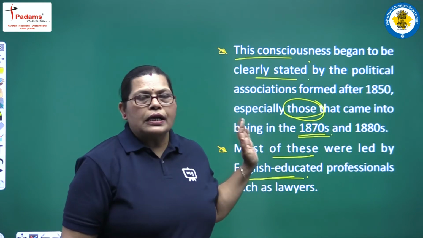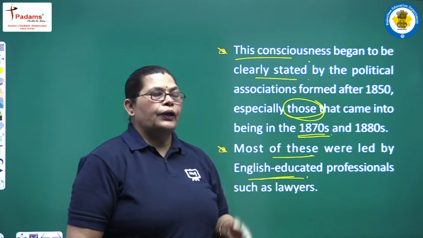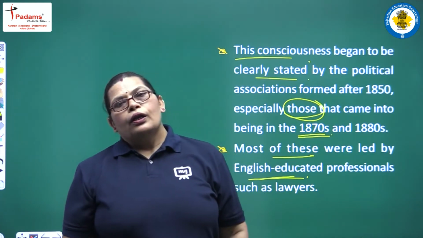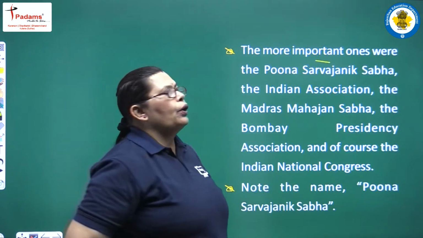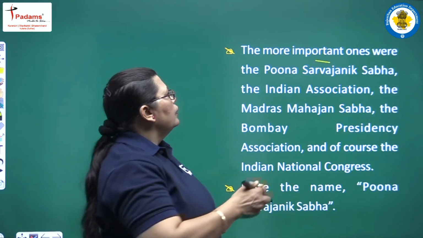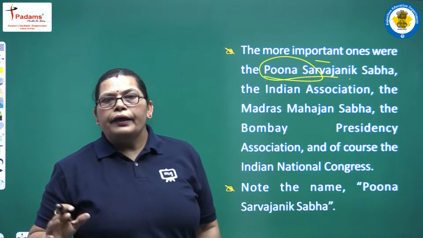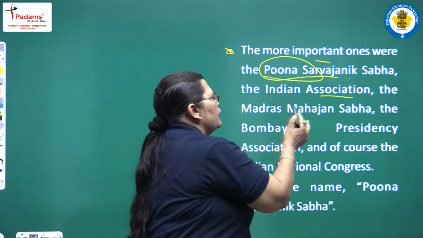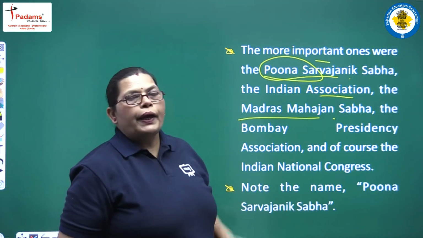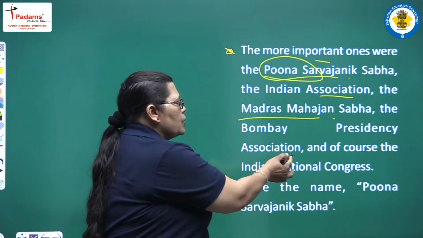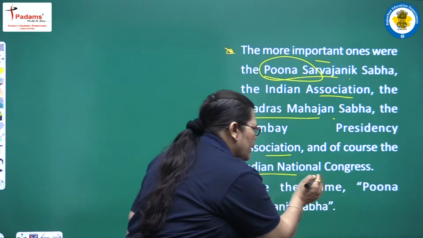Mainly these associations were run by professionals, English educated professionals or lawyers of that time, and the more important ones were the Pune Sarvajanik Sabha, the Indian Association, the Madras Mahajan Sabha, the Bombay Presidency Association, and of course the Indian National Congress.